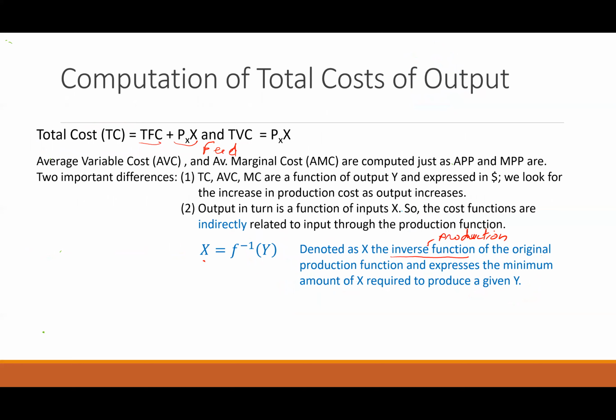So our total cost is a sum of total fixed cost and total variable cost. This is total fixed cost. Here we'll be talking about different costs: average cost, total cost, average total cost, marginal cost.